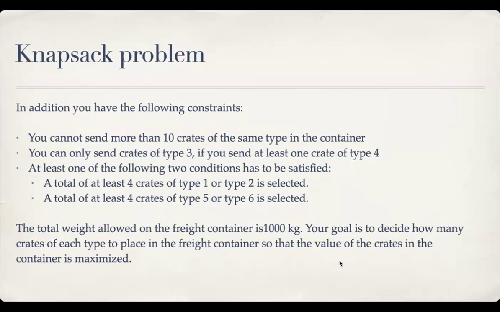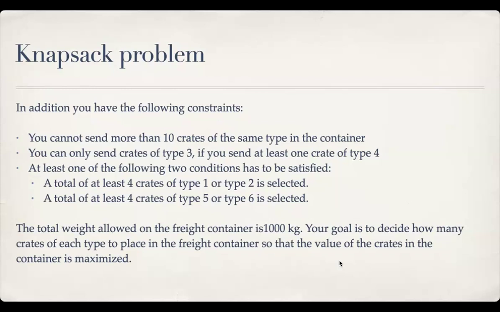Maximize what? The value of all crates we shipped. And our capacity is only 1,000 kilogram, right? And at the same time, we have to satisfy these 3 conditions, right?